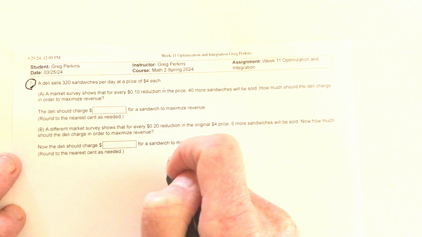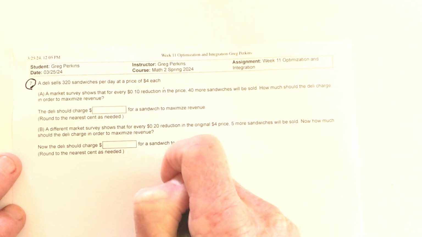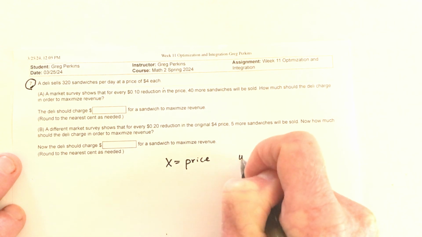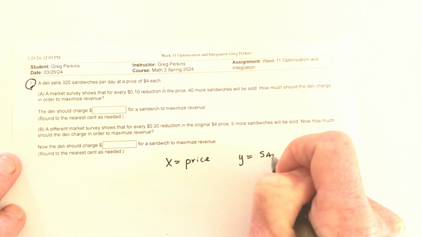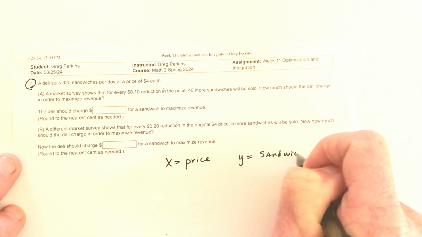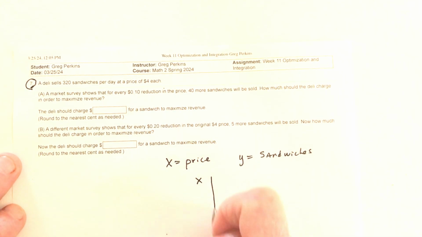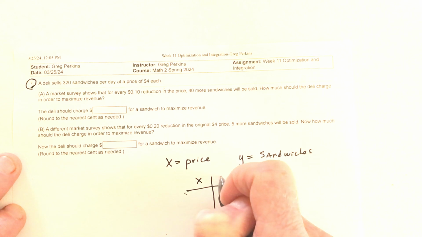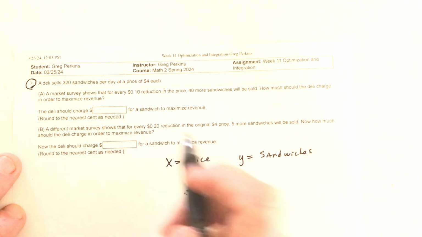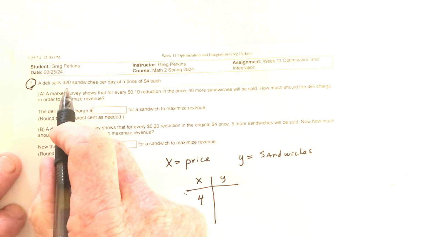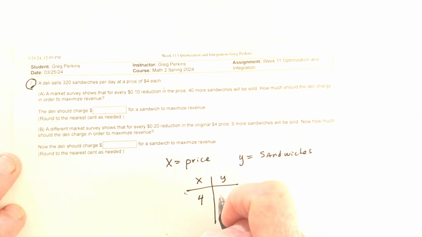So it says that, so I'm going to let x equal the price and y equal the sandwiches. And then I could even make a little table like this and keep track of the information. So they say when the price is $4, then they sell 320 sandwiches.